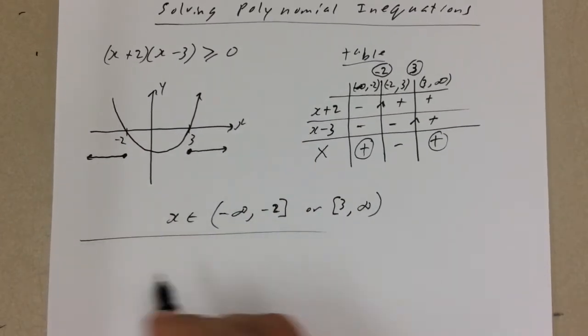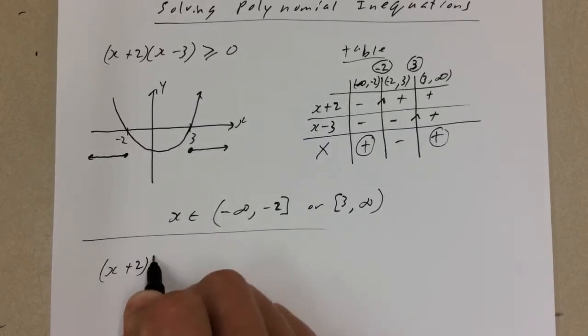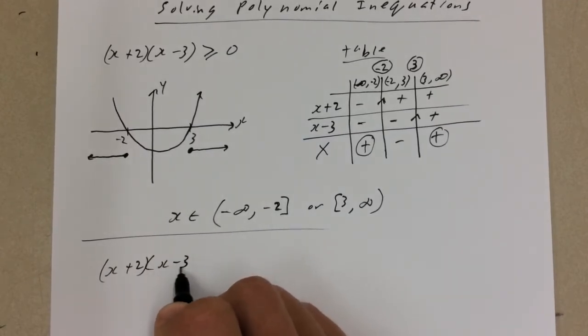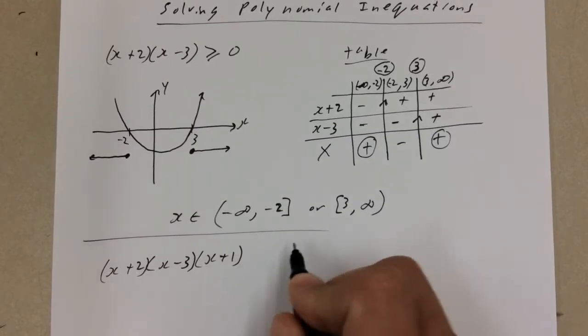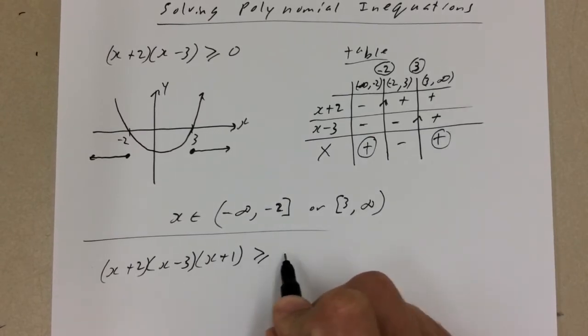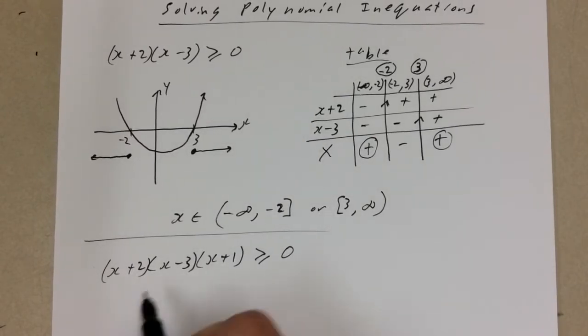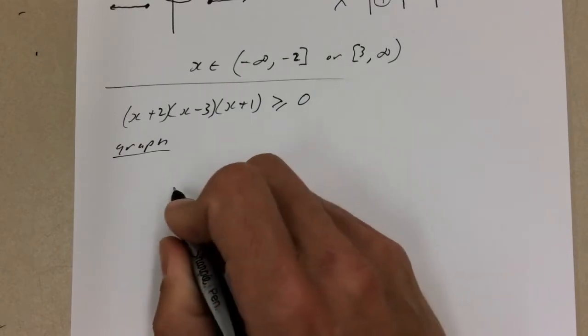Okay? So what if you had x plus 2, x minus 3, x plus 1, and say that was, again, greater than or equal to 0. You could graph this. Okay, we know what the graph looks like. It's pretty easy.